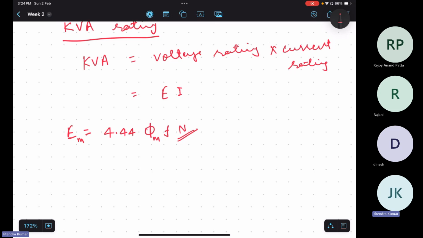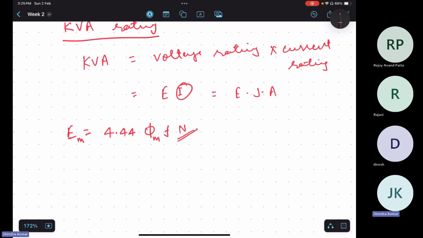So that is your voltage rating. And current we have here, generally in terms of current density, if we can write, that would make our life easier. So E into Z into area of conductor.